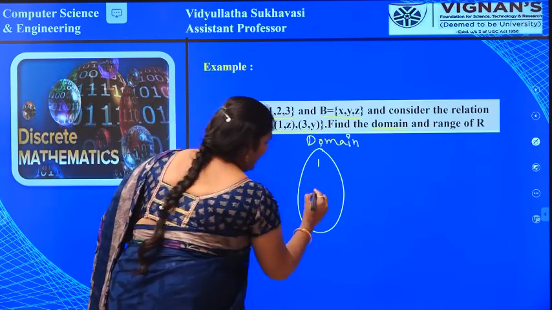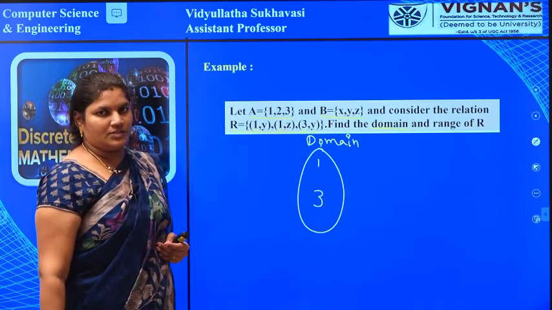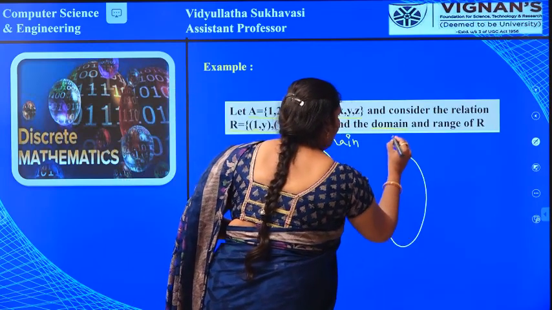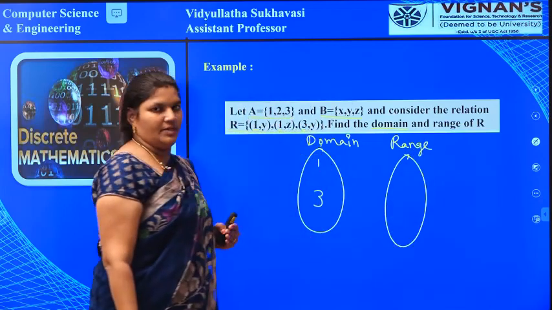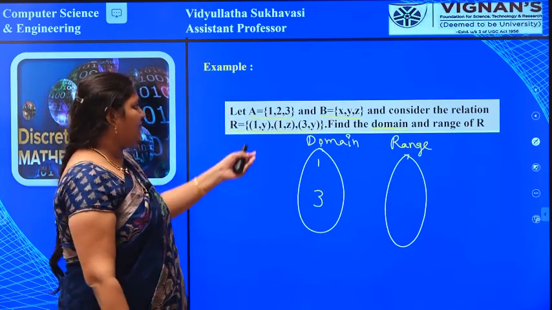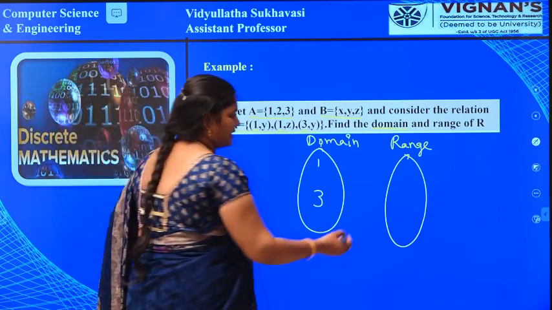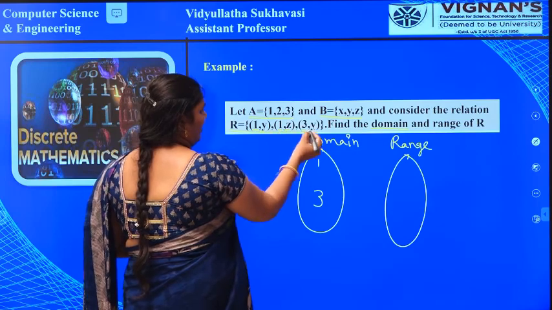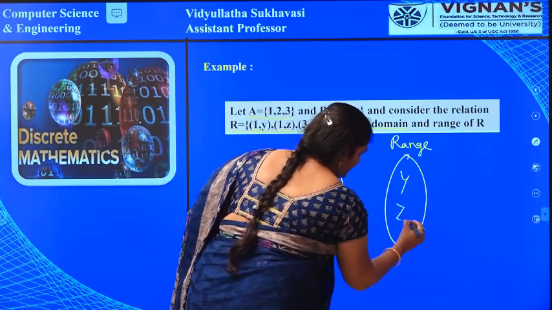So 1 and 3 come in the first element part of the ordered pairs. Now the range. The second element which belongs to the relation R will be taken in the range. So what is the second element in the ordered pairs? Y and Z are the elements we get in the relation R.